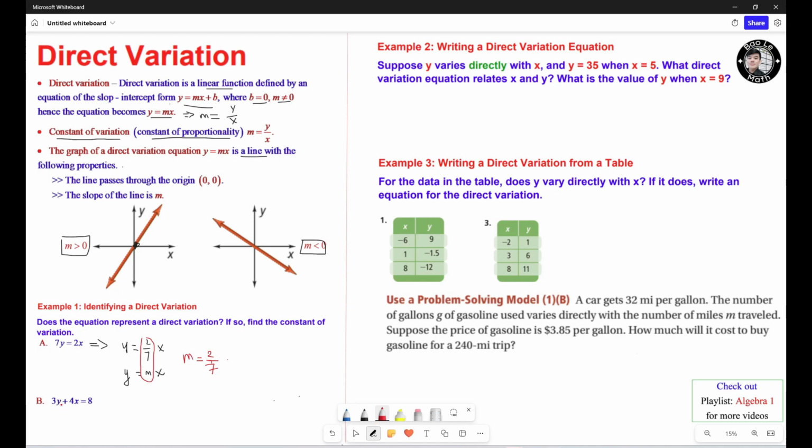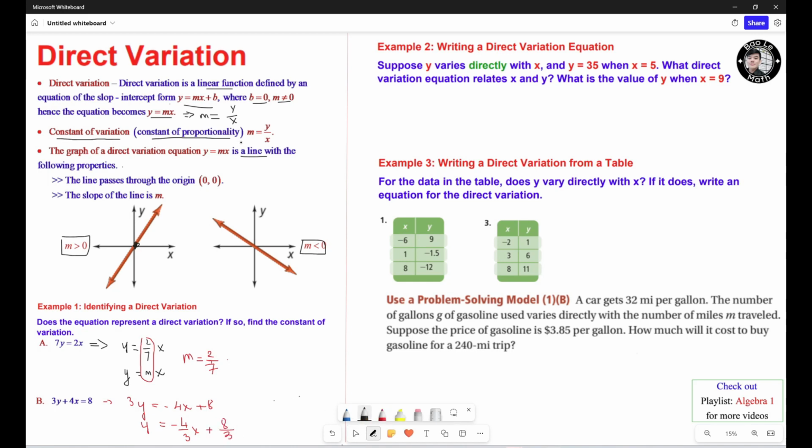Now look at example B. We just subtract 4x from both sides, so we have 3y equals negative 4x plus 8. And then we divide both sides by 3. We have y equals negative 4 over 3 x plus 8 over 3.